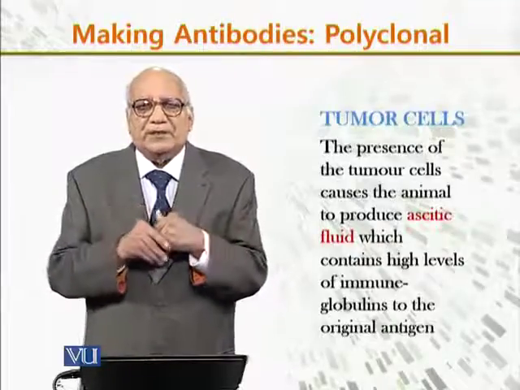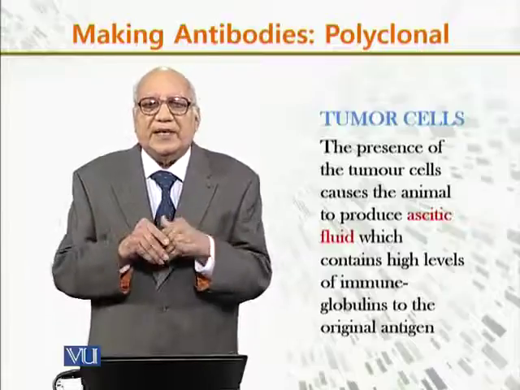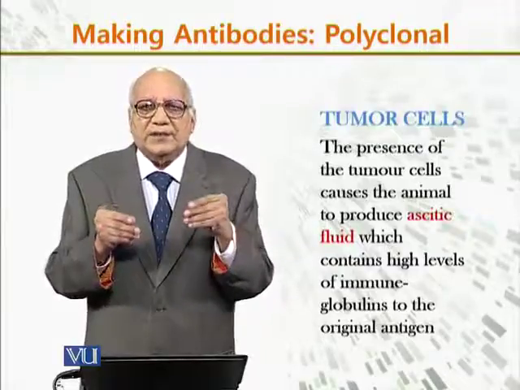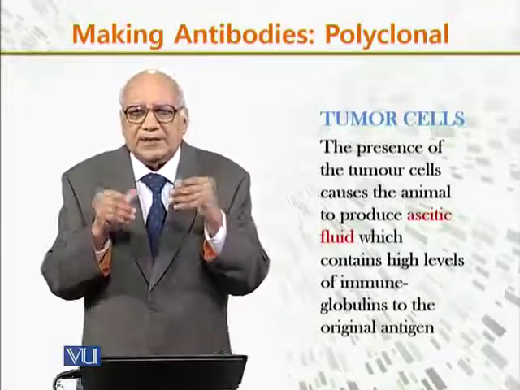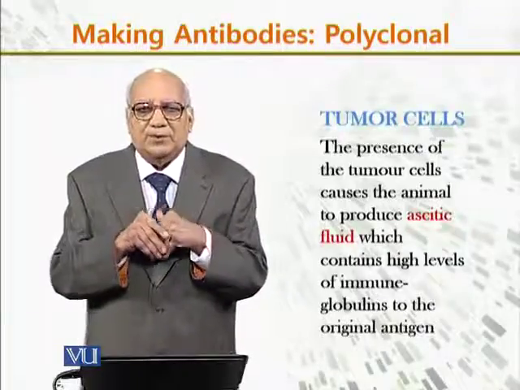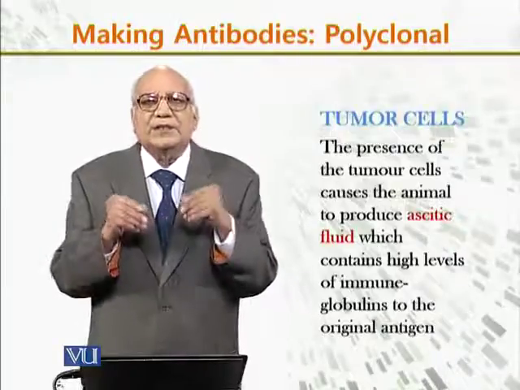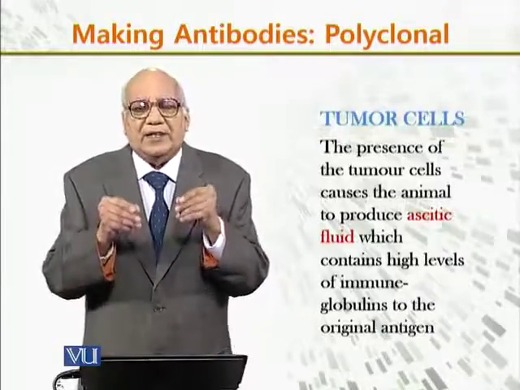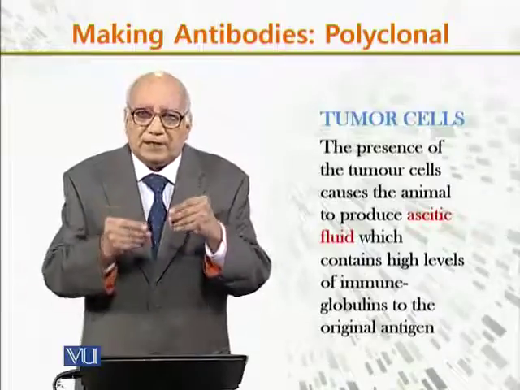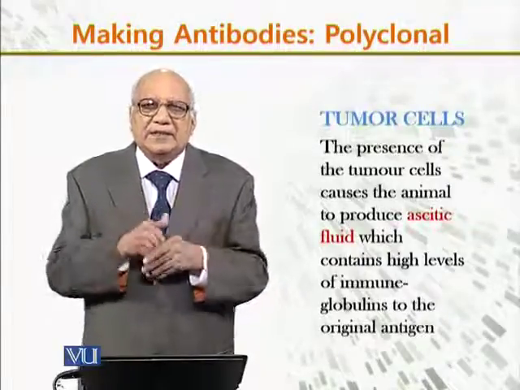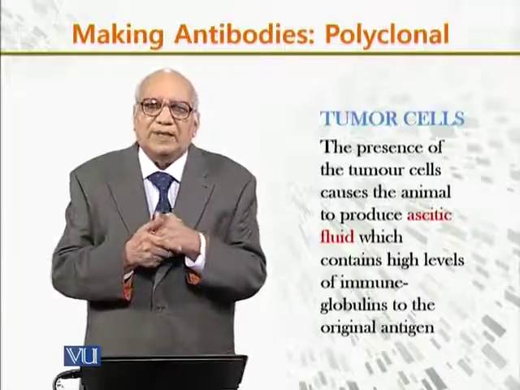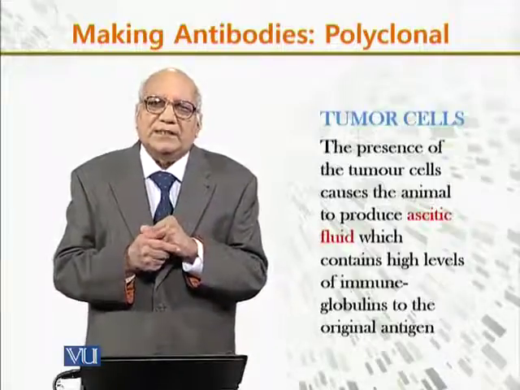The presence of the tumor cells causes the animal to produce ascitic fluid, which contains high levels of immunoglobulin to the original antigen. That ascitic fluid is drawn from the peritoneal cavity, and then the antibodies are purified from it.